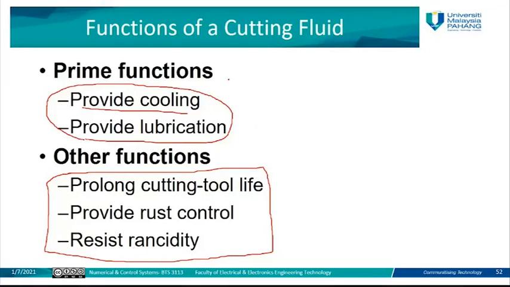I mean, the main aim of using such cutting fluid here is to perform the cooling for our system due to the friction and the high temperature in the CNC machines. It's actually not the machine itself, but the place of friction between the tool and the workpiece.